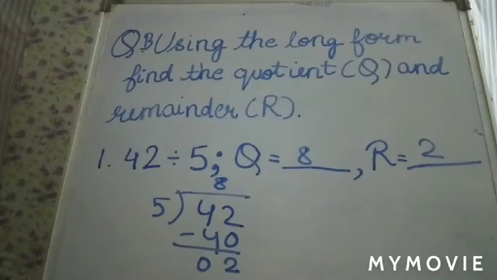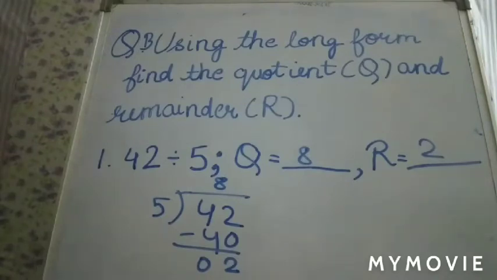So you have to speak the table of 5. 5 ones are 5, 5 twos are 10, 5 threes are 15, 5 fours are 20, 5 fives are 25, 5 sixes are 30, 5 sevens are 35, 5 eights are 40 and 5 nines are 45.